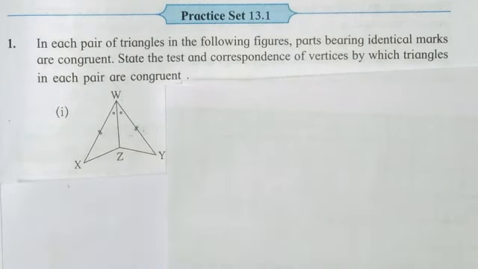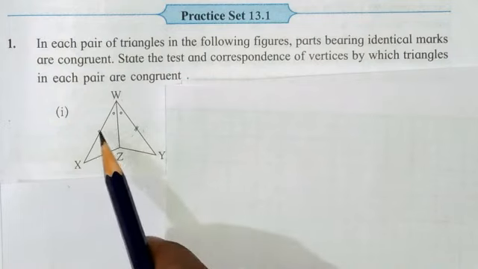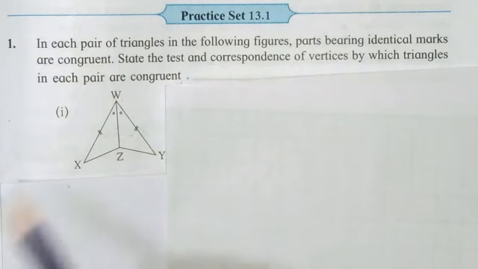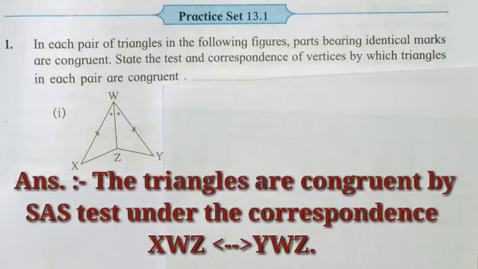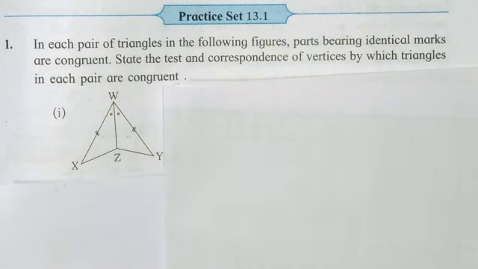As a result, these two triangles are congruent by the test side, angle, side. So, the triangles are congruent by SAS test under the correspondence XWZ corresponds with YWZ. Got it, students? That way you have to write the answer after this diagram.